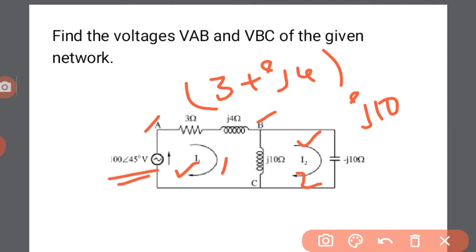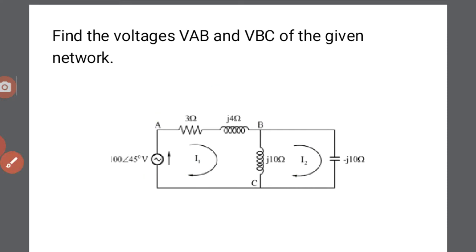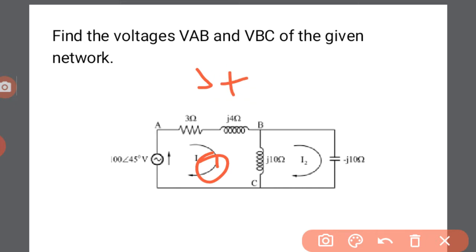First we have to write down the loop equations. For loop 1, the loop equation is the self impedance times the current flowing through this loop, that is, I1 times 3 ohms plus J4 ohms plus J10 ohms.